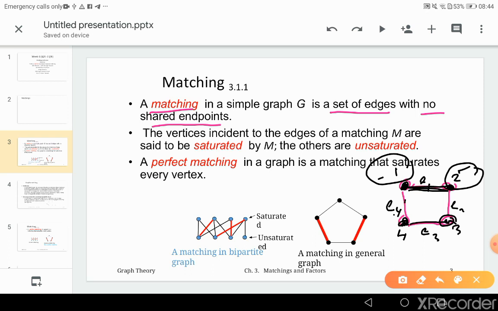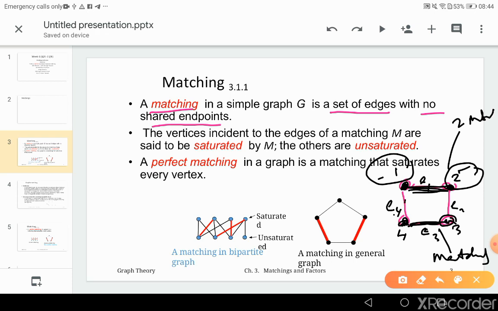So what is the matching? The black color is called a matching. So there are two matching edges here. Can you understand?